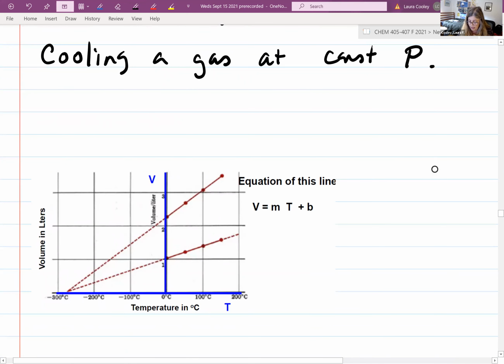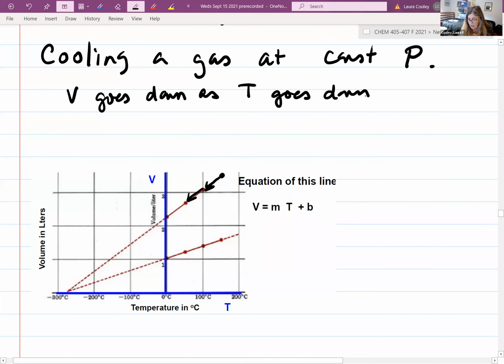So here's a graph, and you start here, let's say, and you decrease the temperature. So you're going backwards here. The volume goes down. So V goes down as T goes down. If you started at a different pressure, it would go down along a different line.